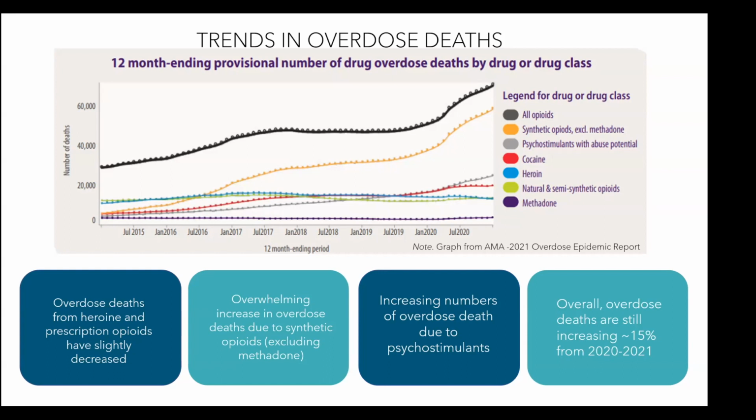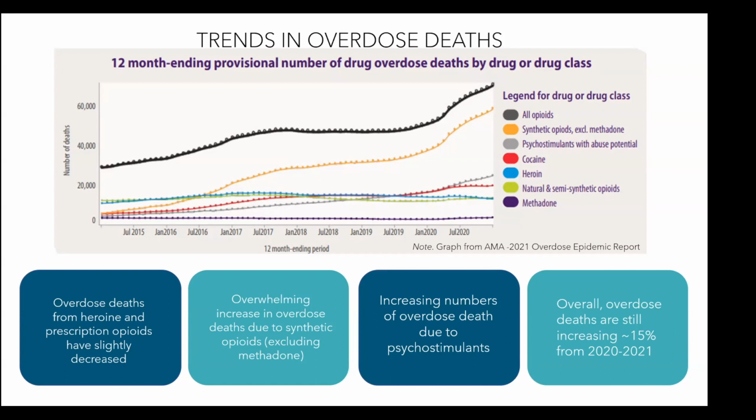Thankfully, trends show a slight decrease in overdose deaths from heroin and prescription opioids. However, there's an overwhelming increase in overdose deaths from synthetic opioids like fentanyl. Additionally, there have been increases in overdose deaths from psychostimulants, as well as an overall 15% increase in overdose deaths from all opioids from 2020 to 2021.